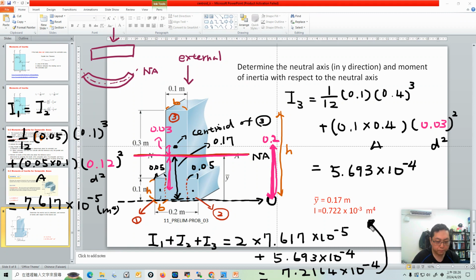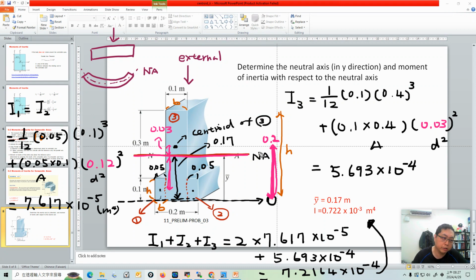So in this problem, we calculate the moment of inertia, but this problem doesn't tell you where the neutral axis is at the beginning. This is a more common situation, especially in beam calculation, especially stress in beams. You need to calculate the neutral axis first. The calculation of the neutral axis is very similar to what you did in the calculation of the centroid of a composite area.